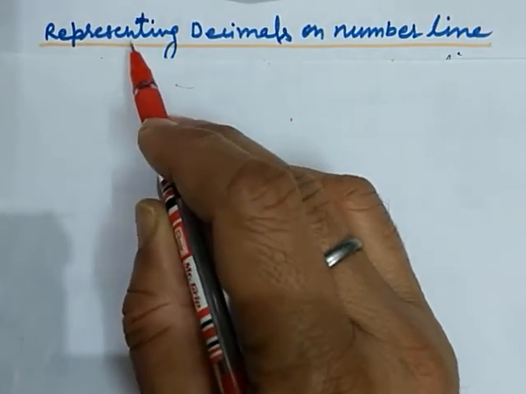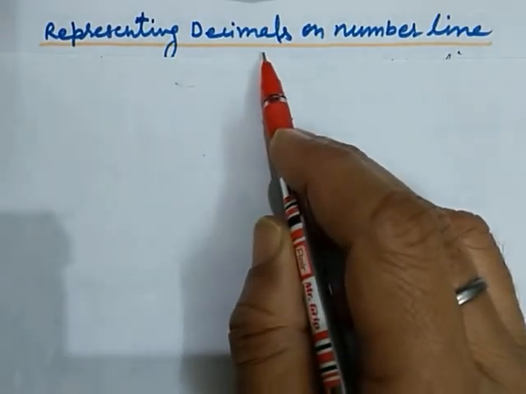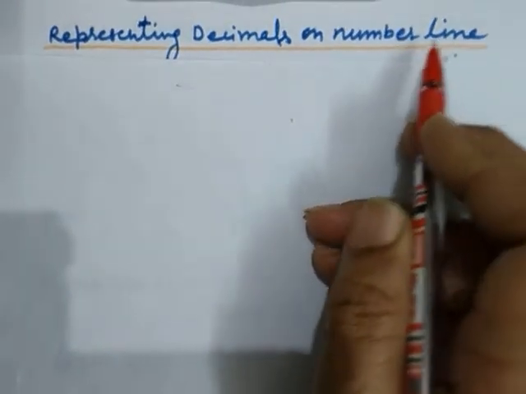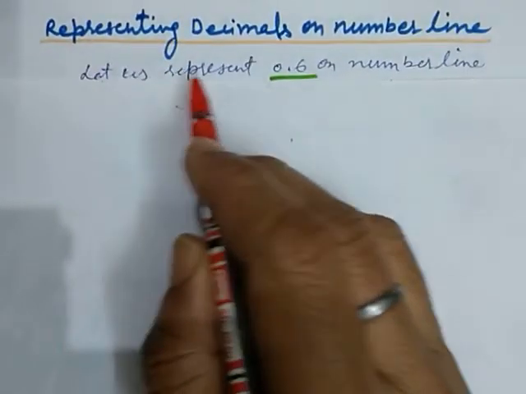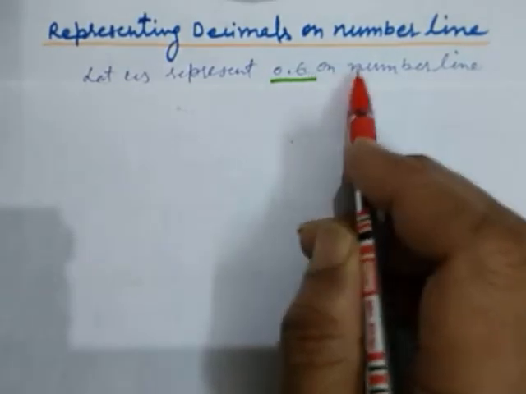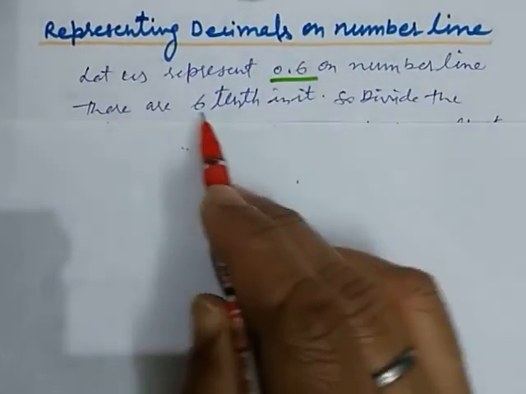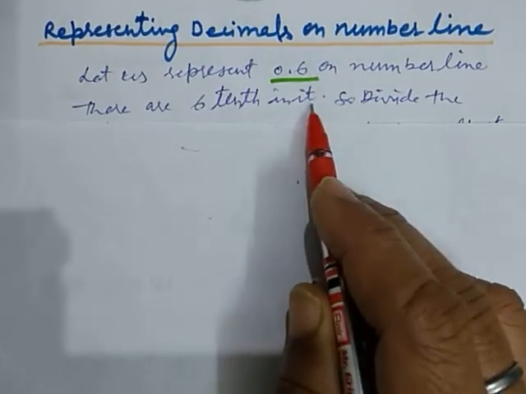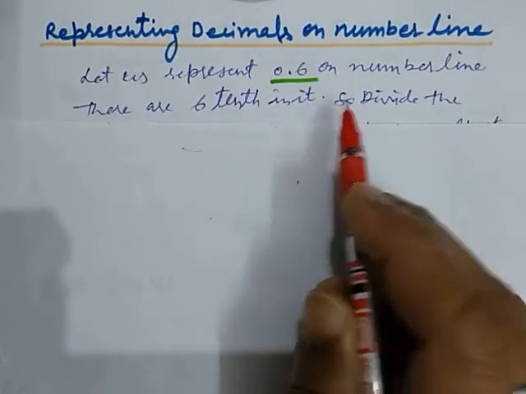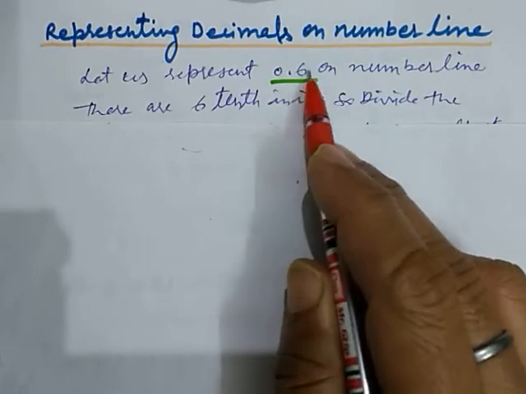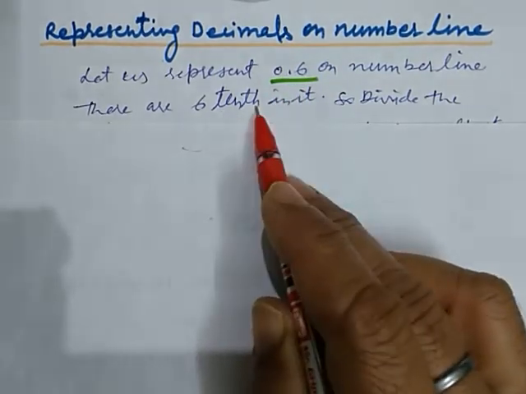Now we learn representing decimals on a number line. Let us represent 0.6 on the number line. Okay? There are 6/10 in it. So 0.6 means 6/10.